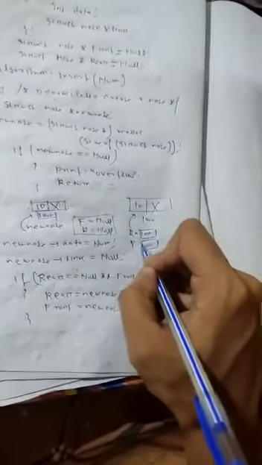Suppose this is the address, and this is your link. Then rear is assigned to new node, so rear will store the address there, and front is also assigned this. Both are assigned to the node. So whenever it is null, rear equal to new node and front equal to new node.